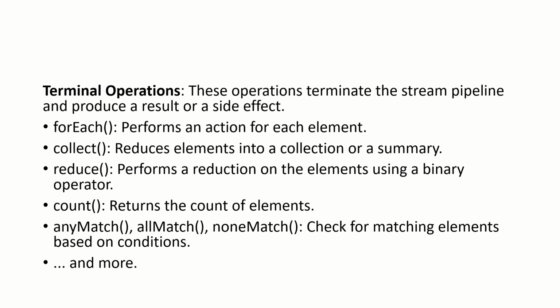Now let me explain one operation at a time. Let's say forEach. This performs an action for each element. So let's say you call this forEach method, which is a terminal method, and this forEach takes a consumer as an input. Now you want to print out each element of that stream.